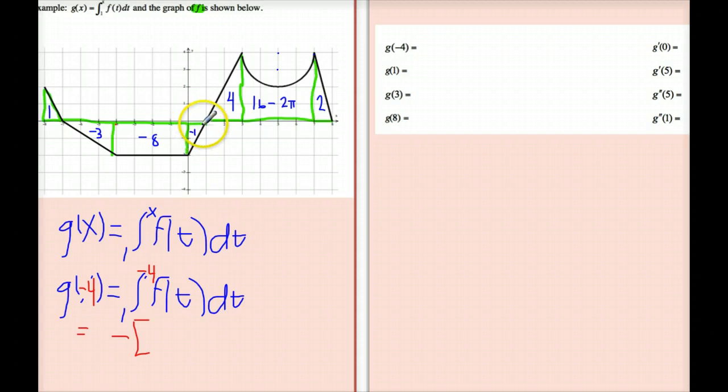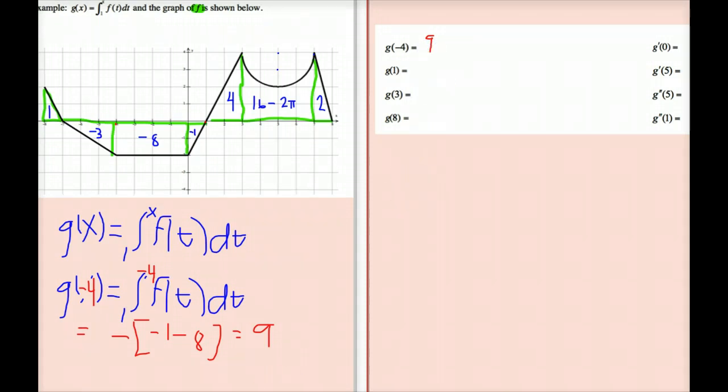So if I add from 1 to -4, I get -1 minus 8. And don't forget, I had to stick that negative sign because I was going from right to left instead, which then gives me a -9 inside times that negative gives us a +9. So up here I would put in a positive 9, right?